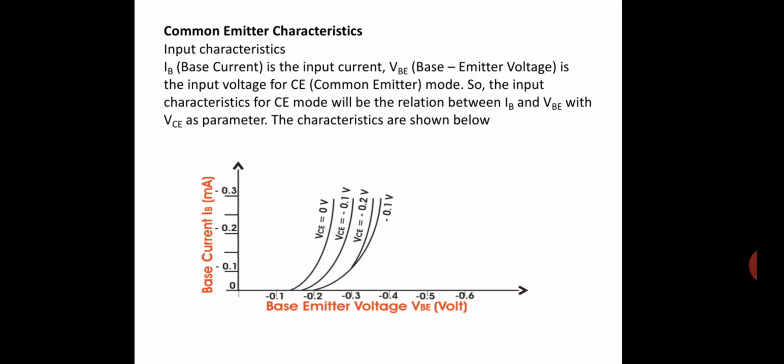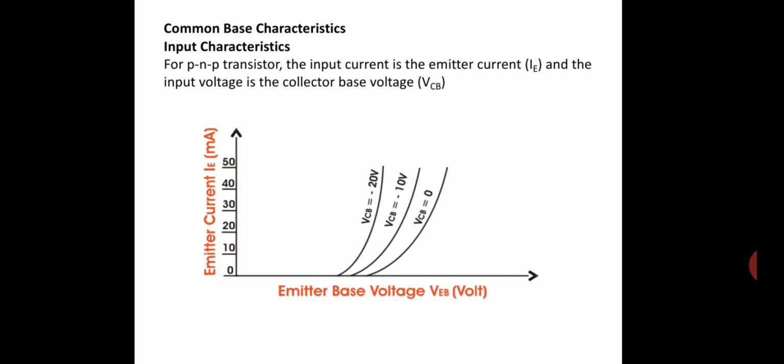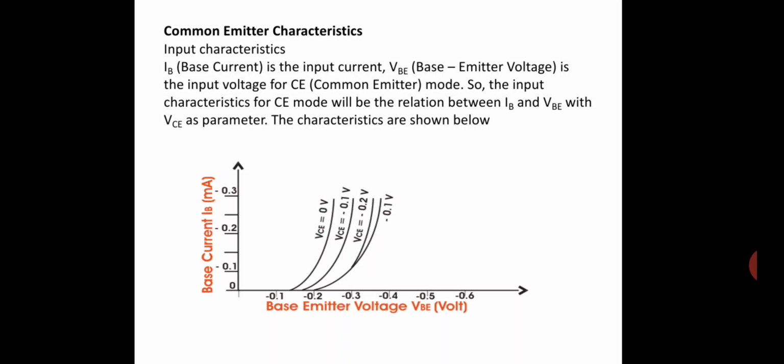The characteristics in common emitter configuration are input voltage VBE, base emitter voltage, and input current IB. This characteristic is the same as common base input characteristics, but the input current is IE in common base, while input current is IB in common emitter configuration.